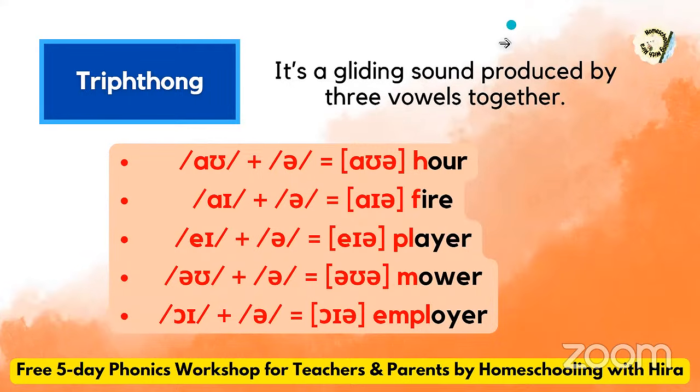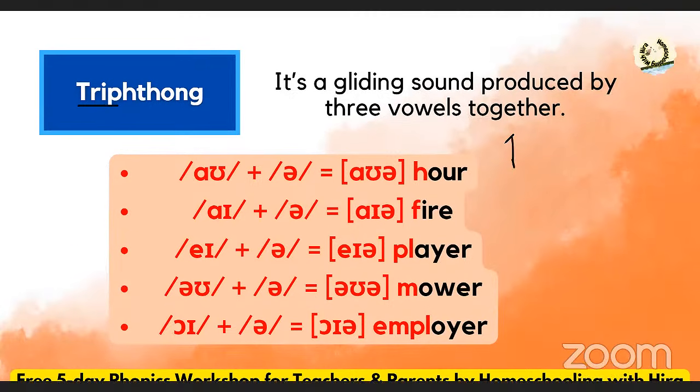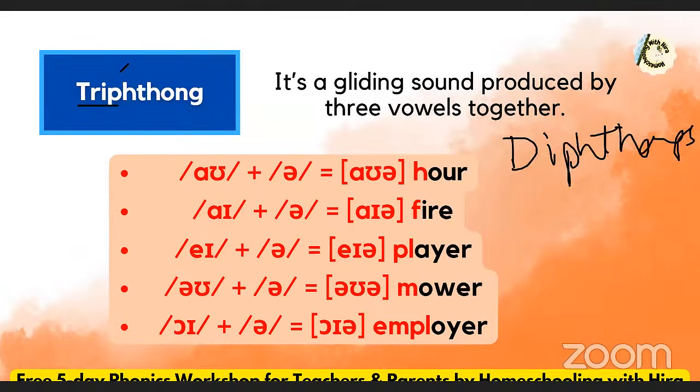Let's talk about triphthongs. We know that diphthongs are gliding sounds, two sounds gliding together. Again, we have the word tri here, and this is triphthong. It means we have three sounds gliding together. These triphthongs are from British English.